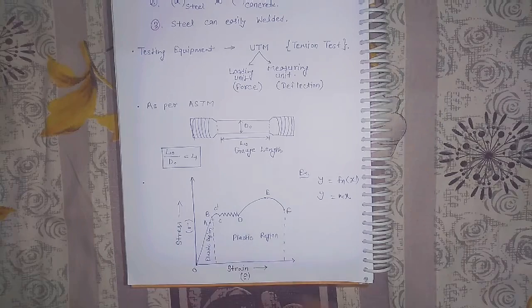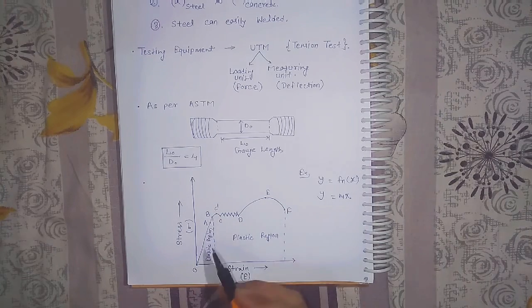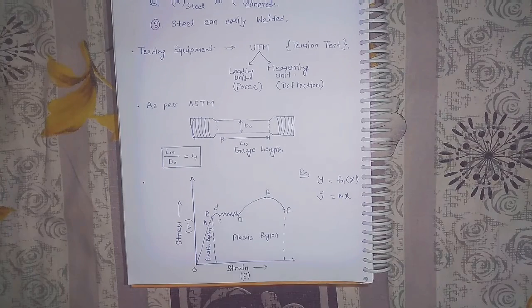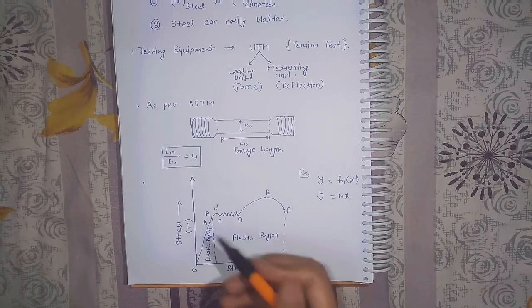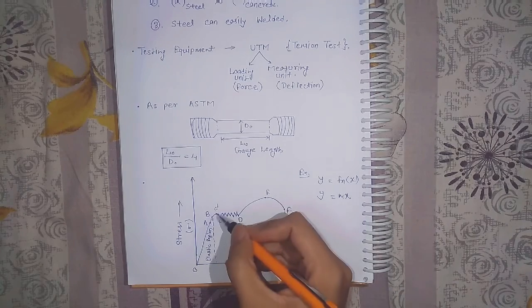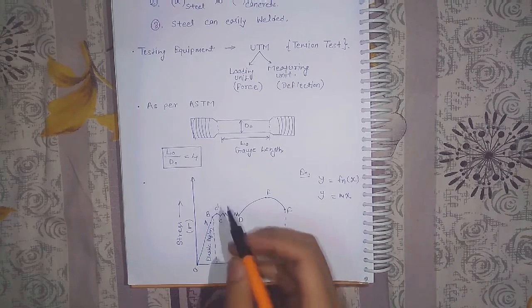That limit is known as the elastic limit. C dash is the upper yield point, and C is known as the lower yield point.